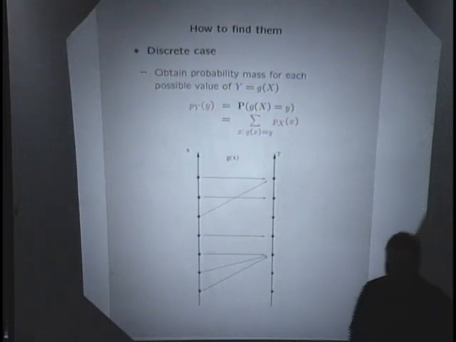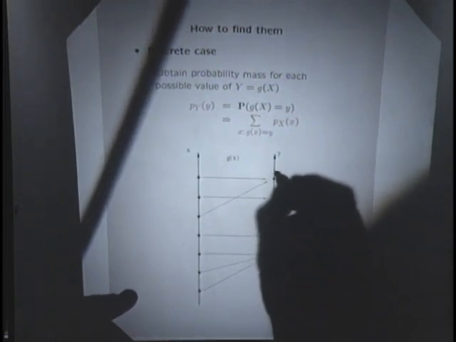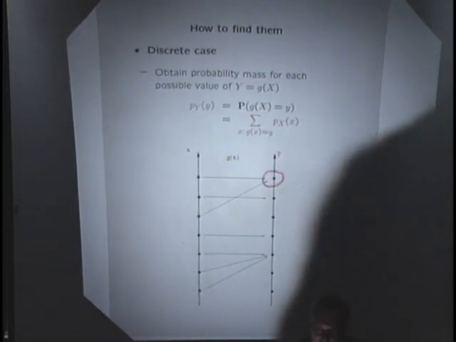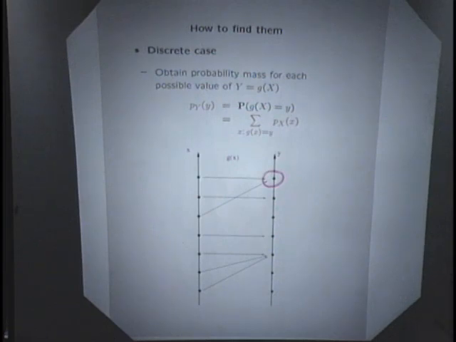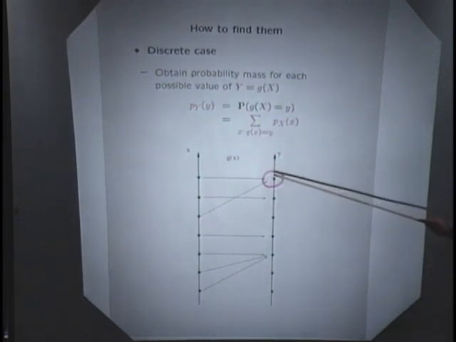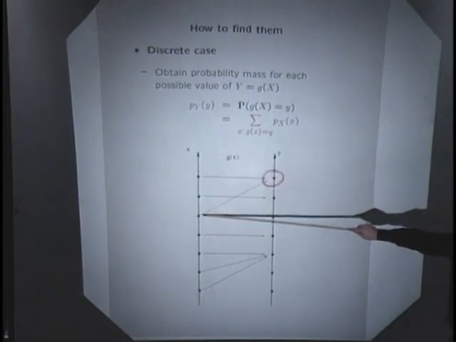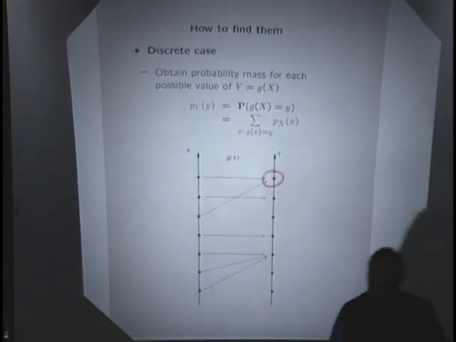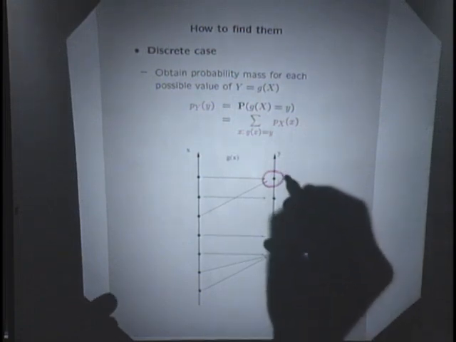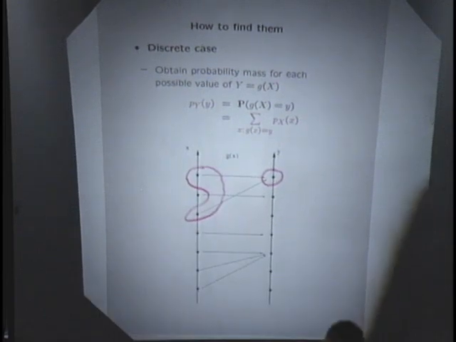So, for example, if I'm interested in finding the probability that y takes on this particular value, how would I find it? Well, I ask, what are the different ways that this particular y value can happen? And the different ways that it can happen is either if x takes this value or if x takes that value. So we identify this event in the y space with that event in the x space.